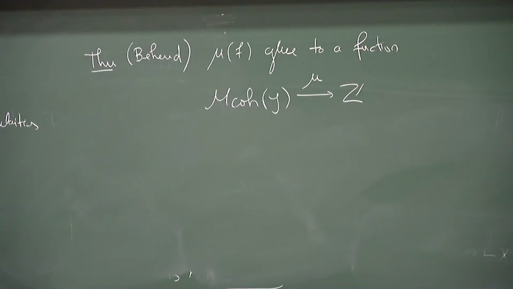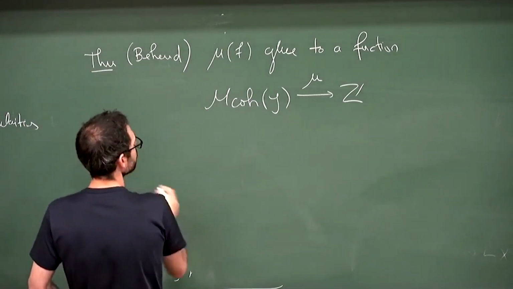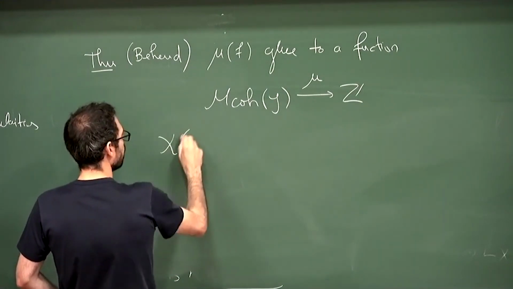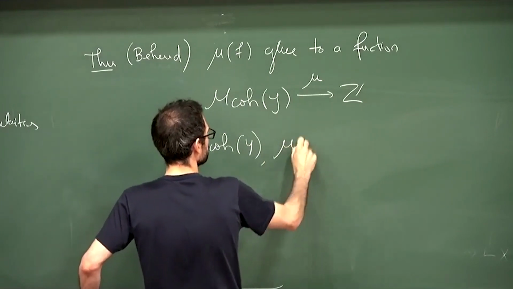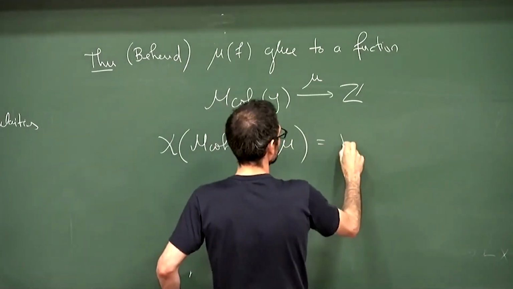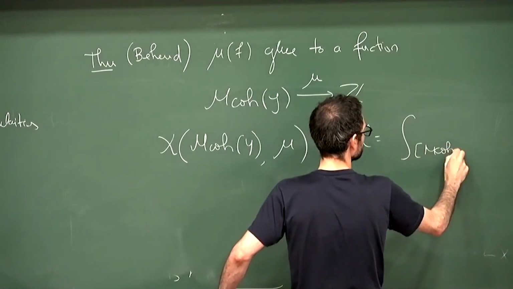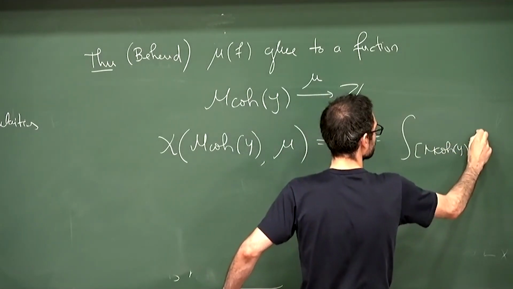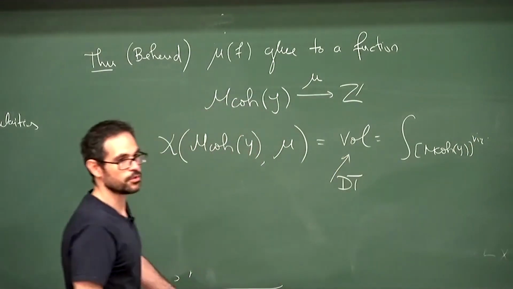Actually, Behrend's theorem says more than this. This is just a remark. The amazing thing about Behrend's theorem is that if we compute the Euler characteristic of the moduli space weighted by this function, you actually get the volume, meaning the integral of the virtual class. So these are what are called Donaldson-Thomas numbers. Okay?